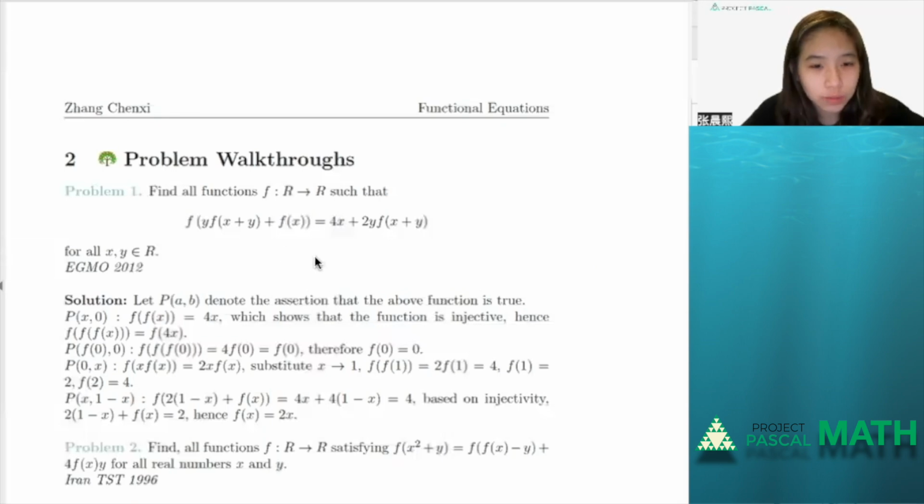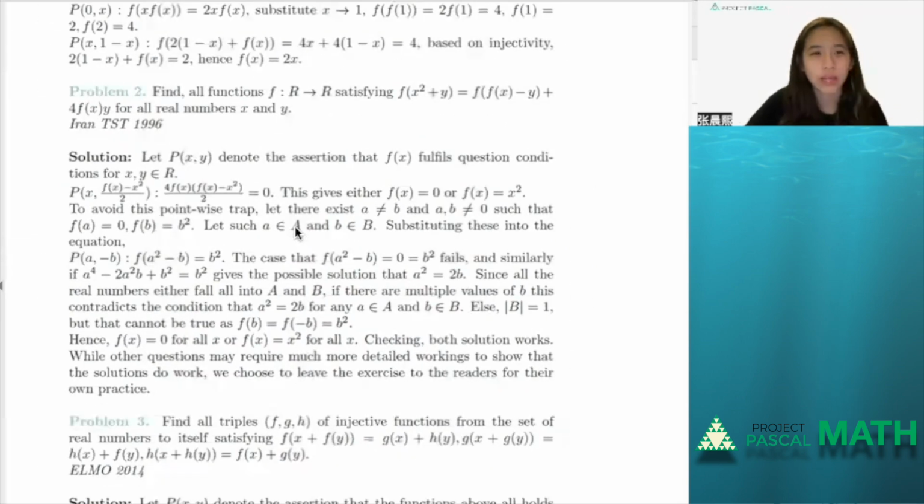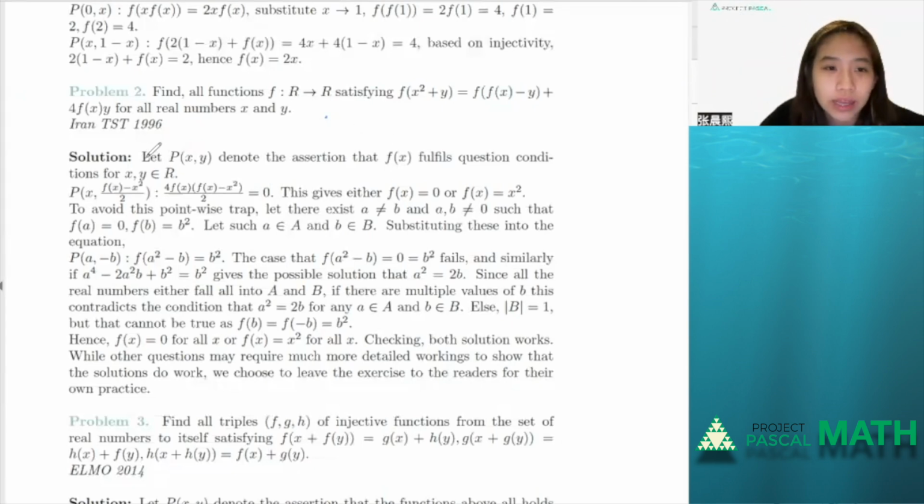Okay, the second problem, Iran TST. So the second problem, I chose it because I think that it was a very nifty sort of substitution that instantly got a problem done. So again, same practice. You state the statement in front.